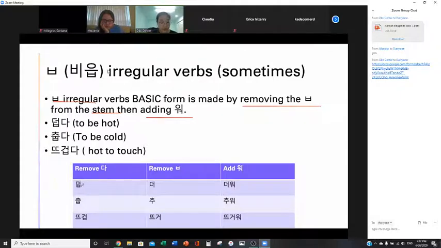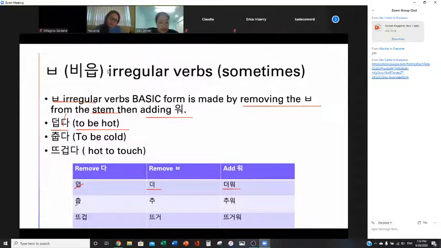So you have 덥다, which means to be hot. You remove 다, as it says in the chart, and you're left with 덥. But since it's irregular, you remove the 비읍 at the 받침, you have 더, then add 워, so 더워.